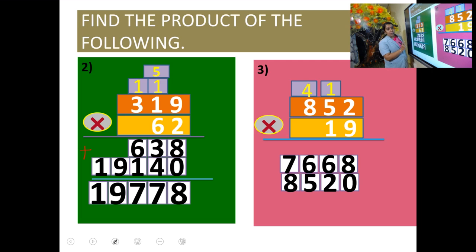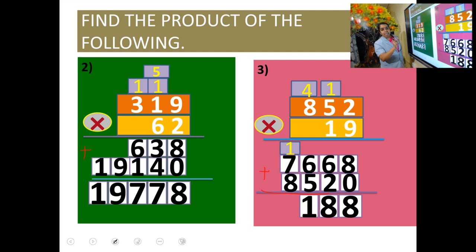Then what is the next step? You have to add these 2 steps for getting the final answer. 8 plus 0 is 8. 6 plus 2 is 8. 6 plus 5 is 11. 1 in the hundreds place, the other one is the carryover to the thousands place.